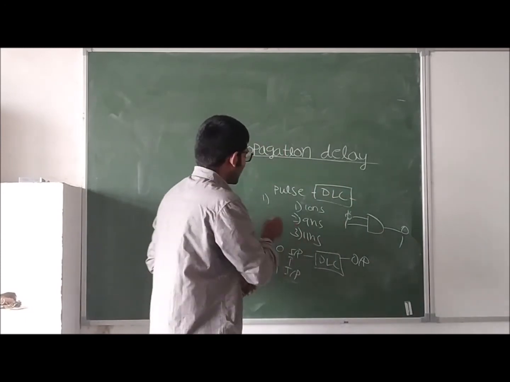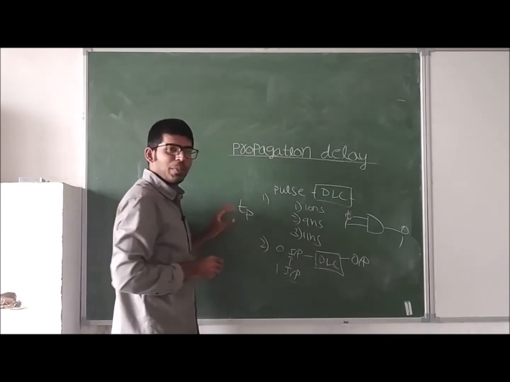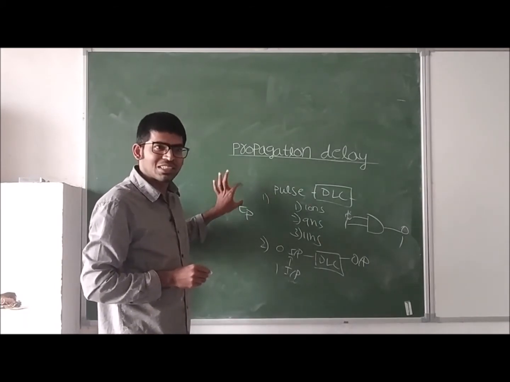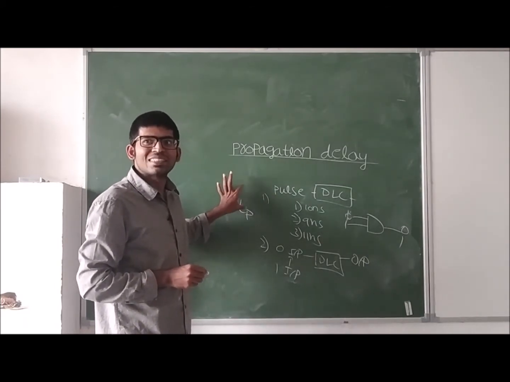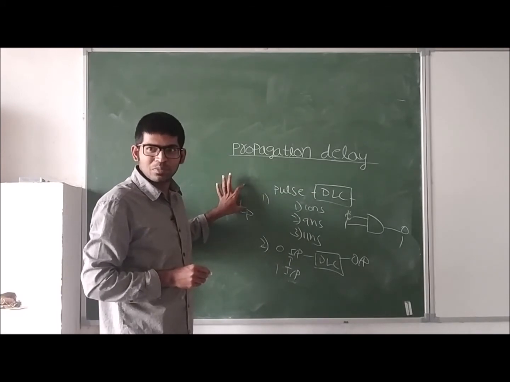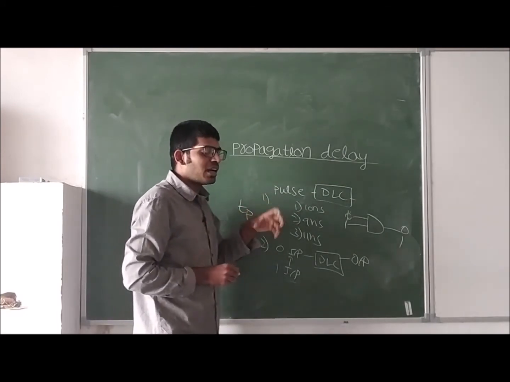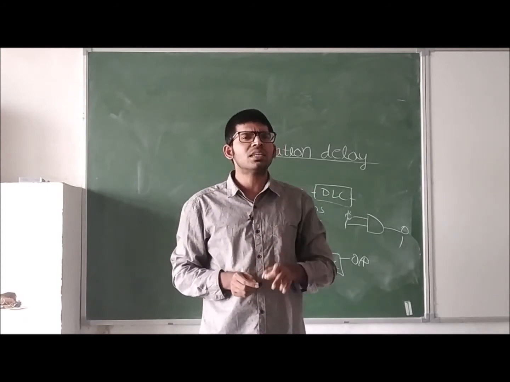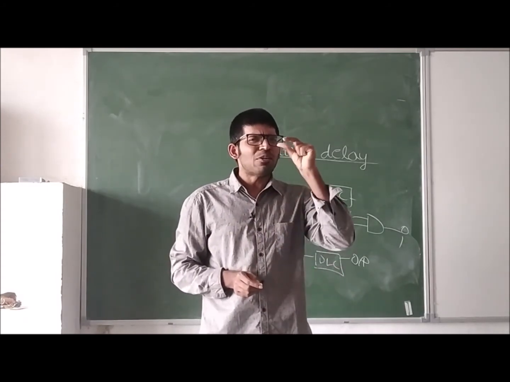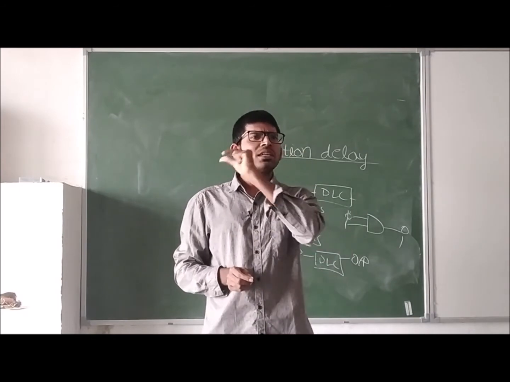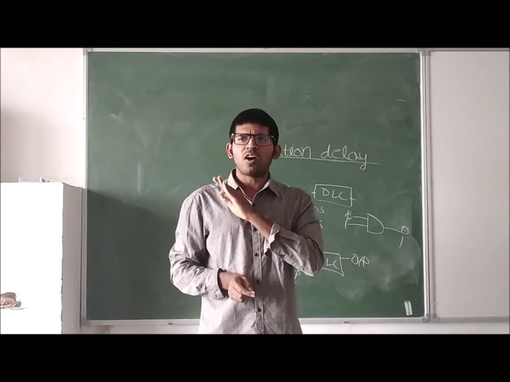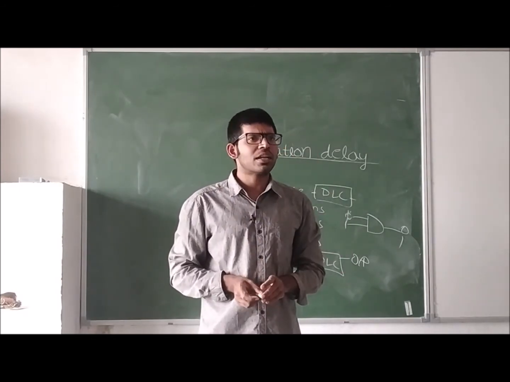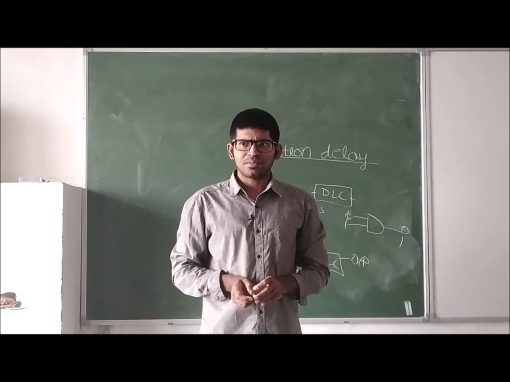Generally it is represented by tP, propagation delay, and because it is time, the unit is seconds. We have seen different logic families. Out of all those logic families, emitter coupled logic has the very least propagation delay. The fastest logic circuit is emitter coupled logic.